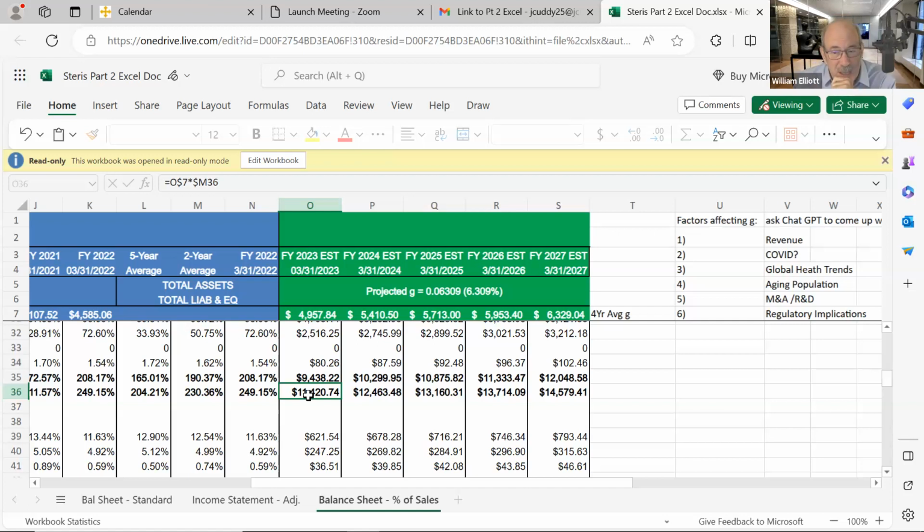So what you'll want to do in that case is decide what sort of capital structure you foresee Steris having in the next 5 years. Based upon that, you will then use your long-term debt and your additional paid-in capital as plug figures that will force the balance sheet to balance and provide you with the appropriate capital structure. In other words, the appropriate debt to asset ratio, right?